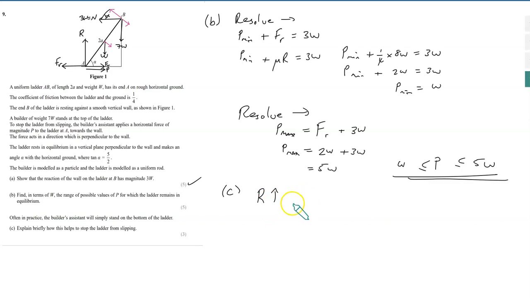Well, when we were resolving horizontally, we have friction and the normal reaction to the wall. So an increase in R would mean friction, which is mu R, would also increase. So by friction increasing, that would help the ladder from slipping.